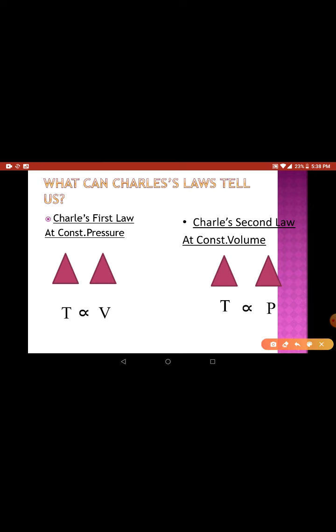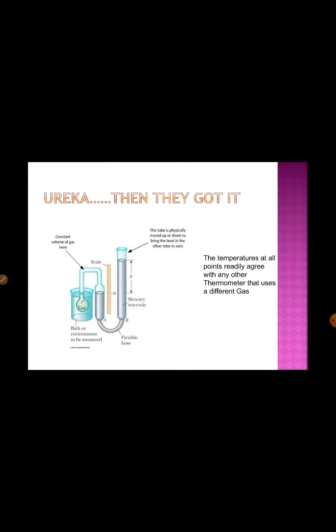Earlier, the mercury thermometers we have seen used metals or liquids or some other wires or filaments. But here, these people use gases based on Charles' law to construct thermometers. They are called gas thermometers, right?